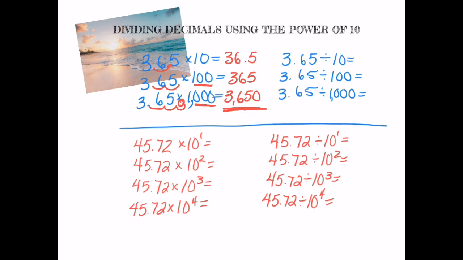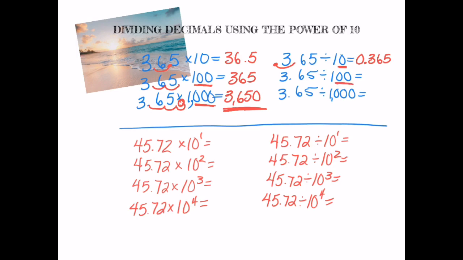Now, going into division, instead of going to the right with that decimal, we're going to go to the left. How many times am I going to go to the left? 1, because I have 1 zero. I move this over, and that becomes 0 and 365 thousandths.